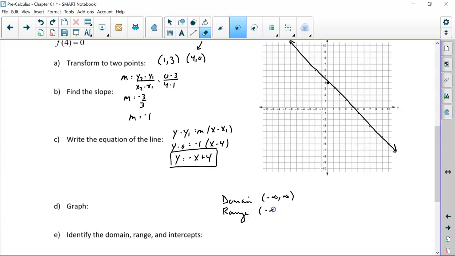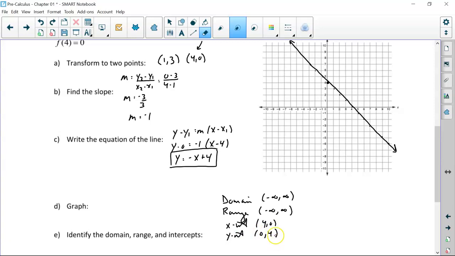So we're going from negative infinity to positive infinity for our outputs. Our x-intercept, we're given our x-intercept as one of our points. So that's a y-intercept. But our x-intercept is at 4, 0. And you can see our y-intercept is also going to be at a 4. So our y-intercept is at 0, 4.